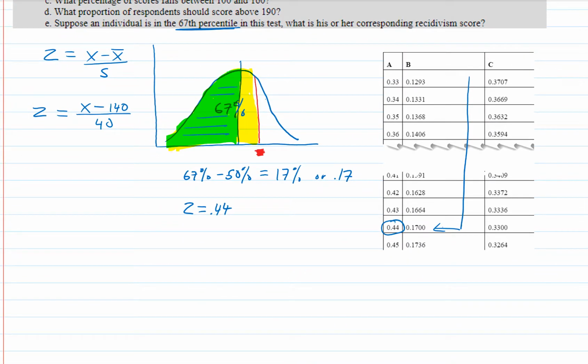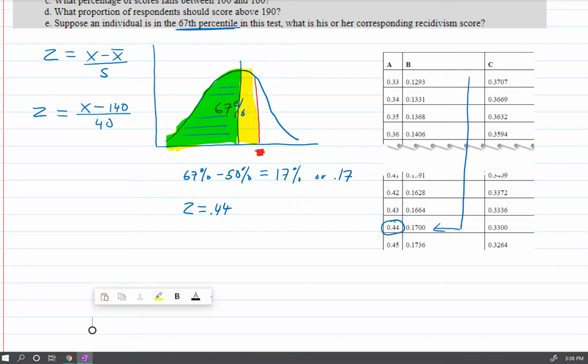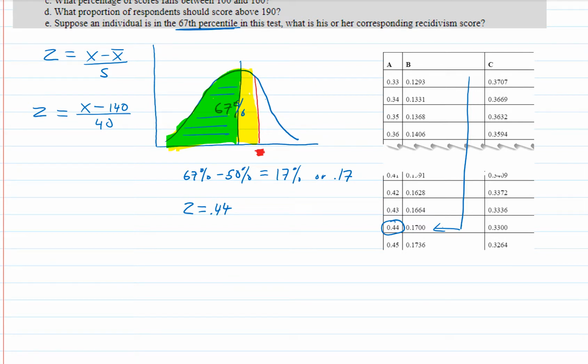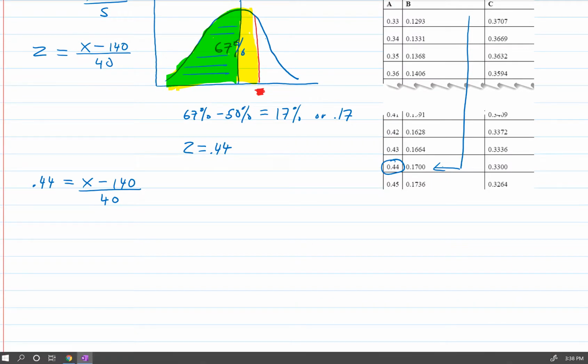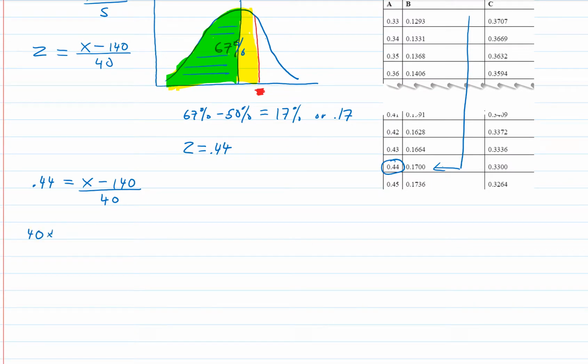All we have to do is a little bit of algebra. So we've got 0.44 equals x, we don't know the raw score yet, minus 140, divided by 40. So how do we solve this? Well, we multiply both sides of this equation by 40, 40 times 0.44.